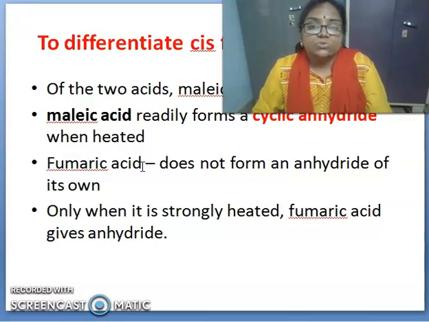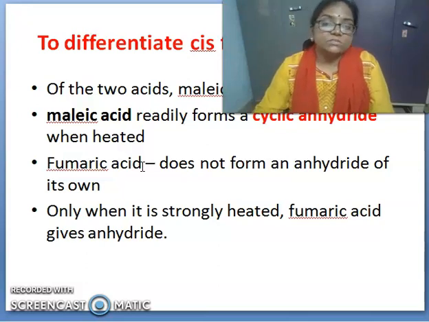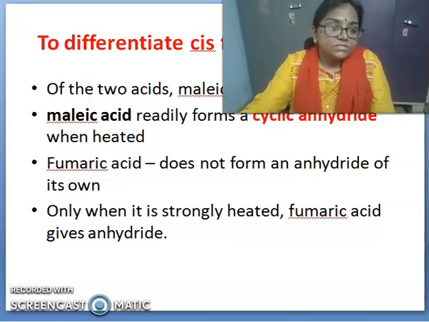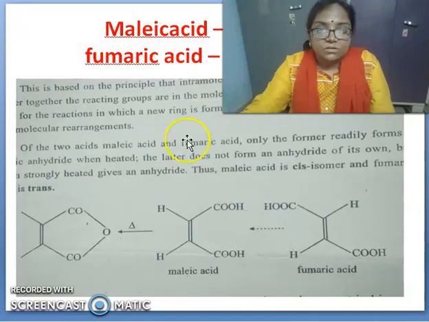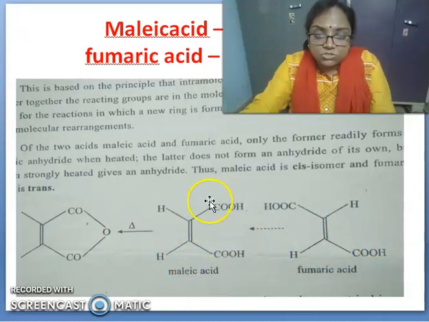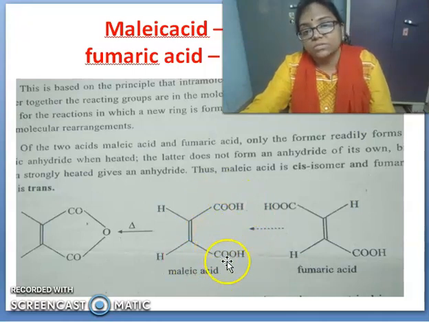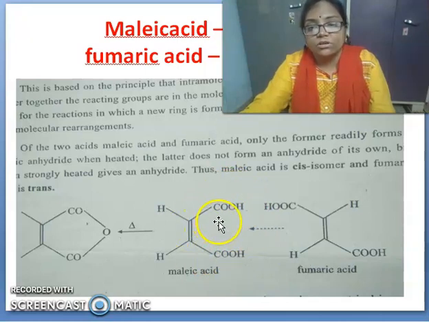Among the two acids, maleic acid and fumaric acid, this one is fumaric acid and this one is maleic acid. Maleic acid is a cis isomer, since the two bulkier groups are placed lying close to each other about the carbon-carbon double bond.